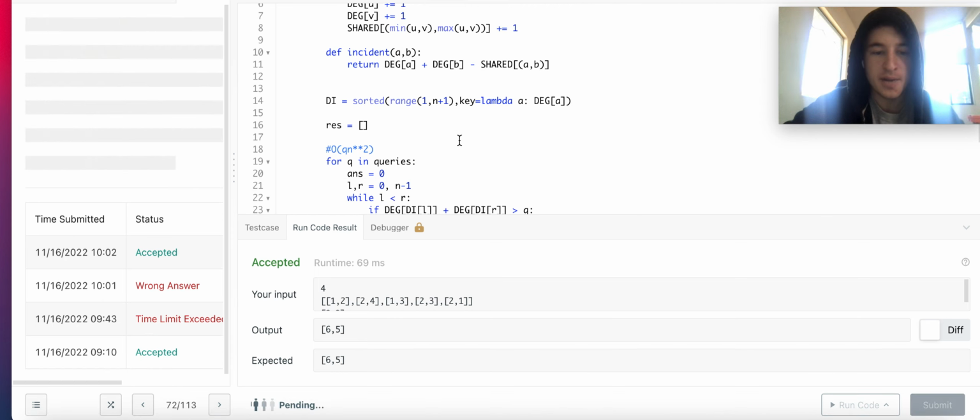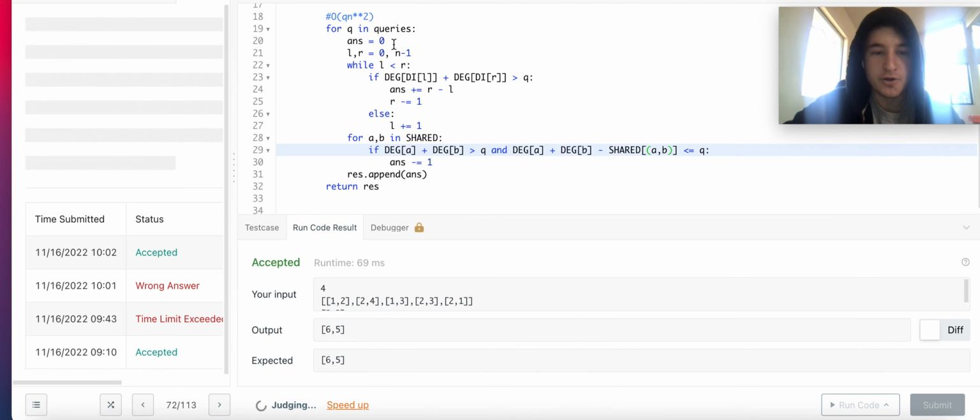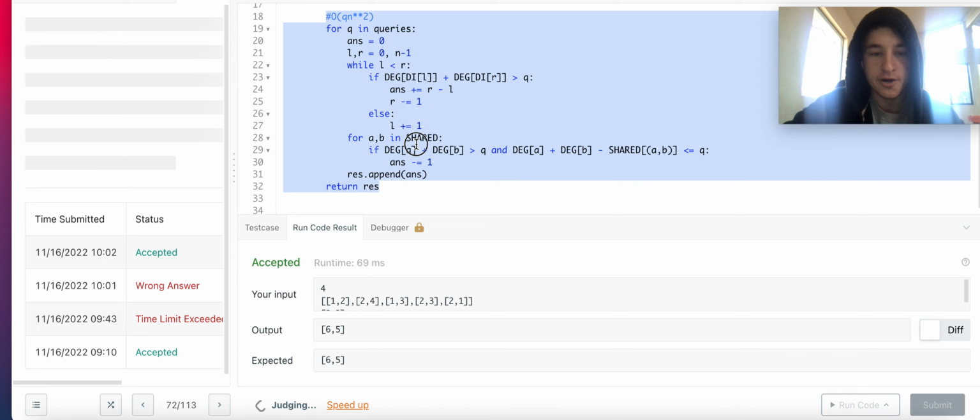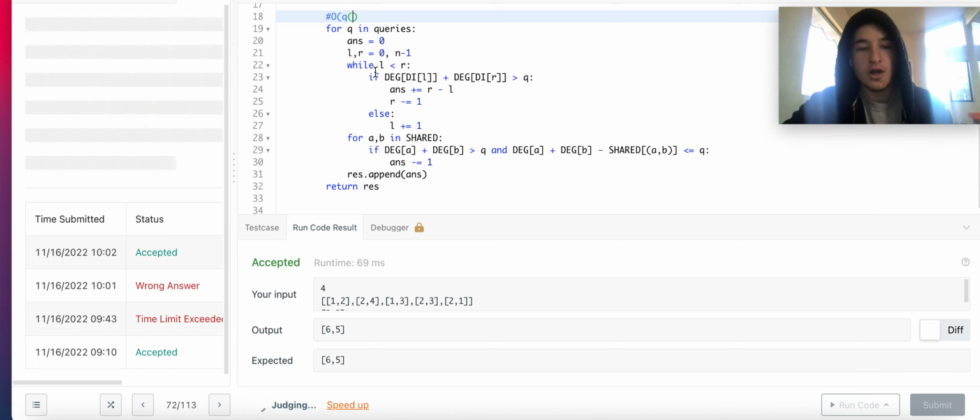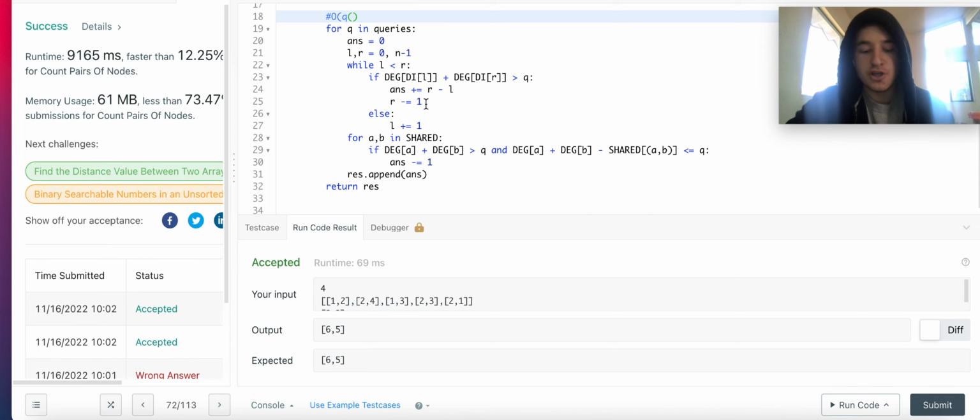So what's the runtime of this? Well, it's going to be dominated by this system here. For each query Q, we have to look at the degree of each node. So there's n nodes. And then we have to look at each edge to remove the things that we overcounted. And there's e edges.